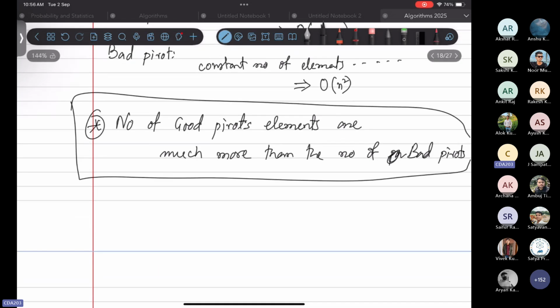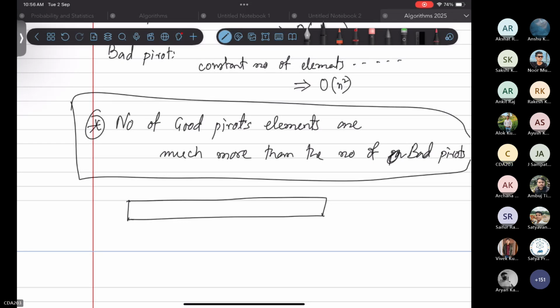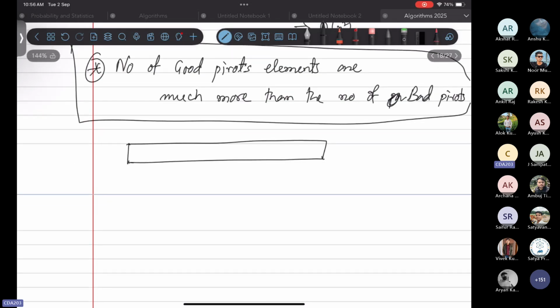It's because think about this array. In this array I want to partition. If this is the case, then we can select the middle element for n log n.